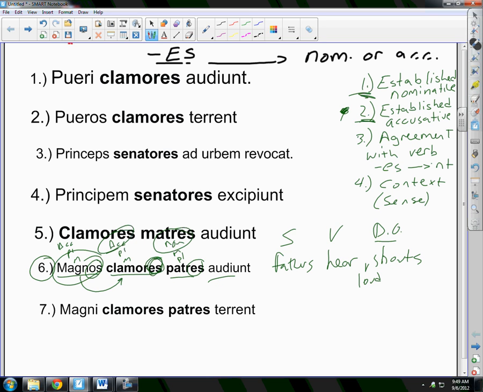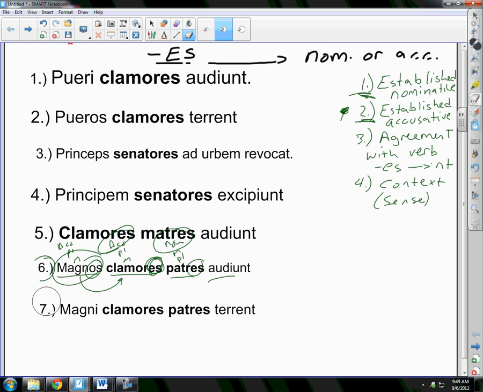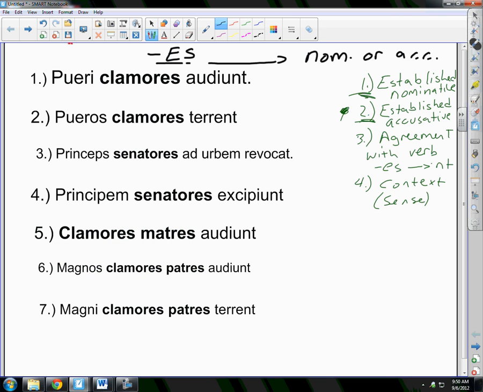Now, how was I able to determine whether or not the es was accusative or nominative plural? I did that by using agreement again, but not the agreement of the verb, agreement with the adjective.